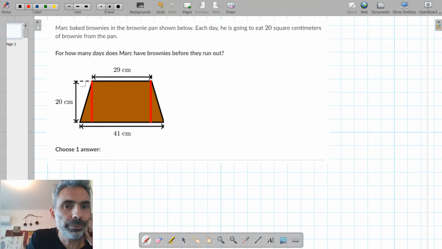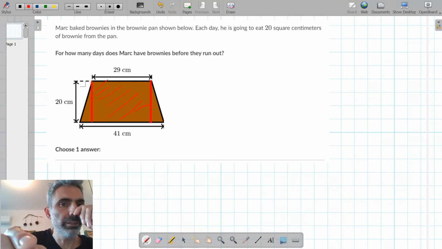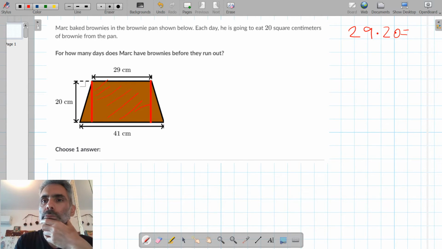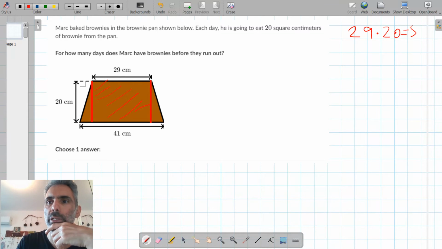So okay, the area of this rectangle is 29 times 20, which is 580.